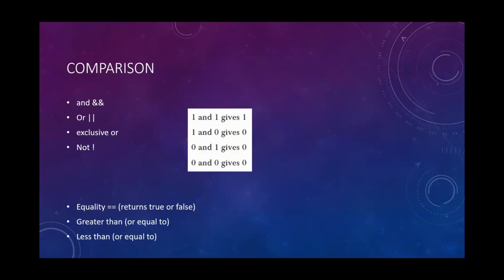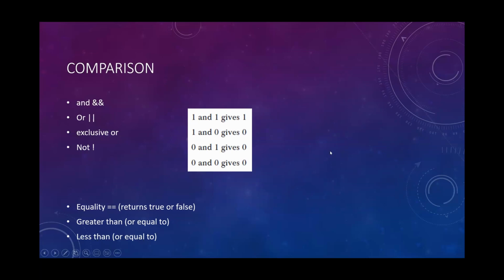We can also do comparisons. We've got an and, which is a double ampersand. We have an or, which is a double straight up and down line. We have an exclusive or, and then we have the not, which is the exclamation point. And again, these are very similar to what we have in C. Here, I've got an example of the and. So for example, 1 and 1 is going to give you a 1. So true and true gives a true.